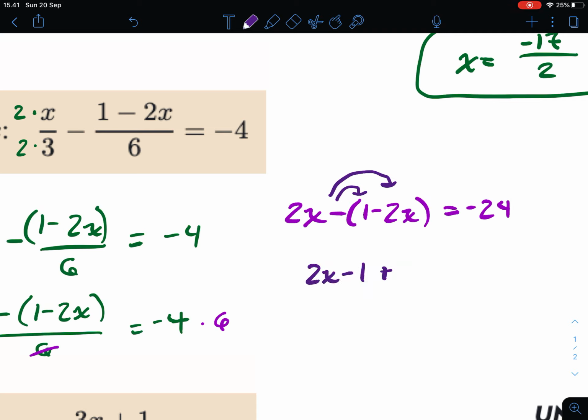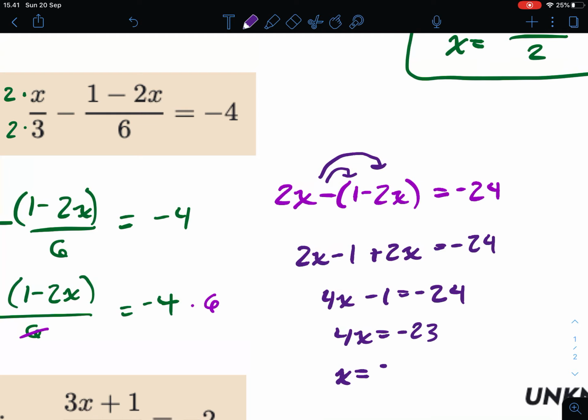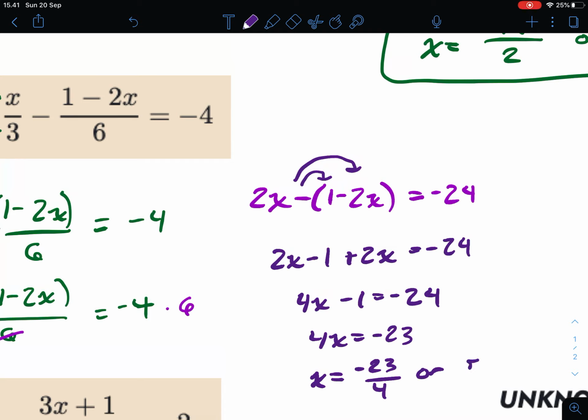So that's 2x minus 1 plus 2x, because negative minus a negative is positive, equals negative 24. So I'm going to have 4x minus 1 equals negative 24. Add 1 to both sides. 4x equals negative 23. Divide by 4. x equals negative 23 over 4, or negative 5.75.